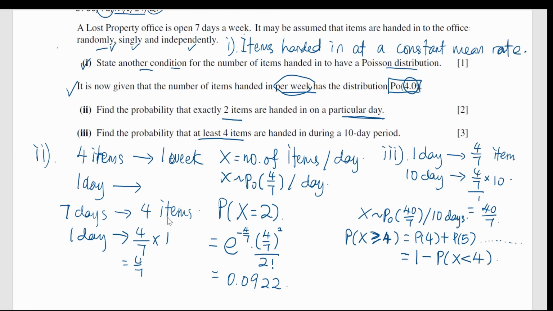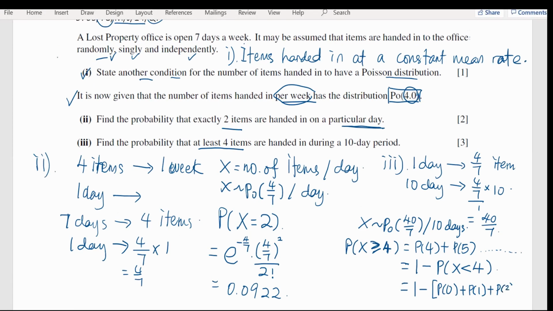So what is the probability of X less than 4? We are going to look at the probability of X equals 0, which means no item handed in, or 1, or 2, or 3.